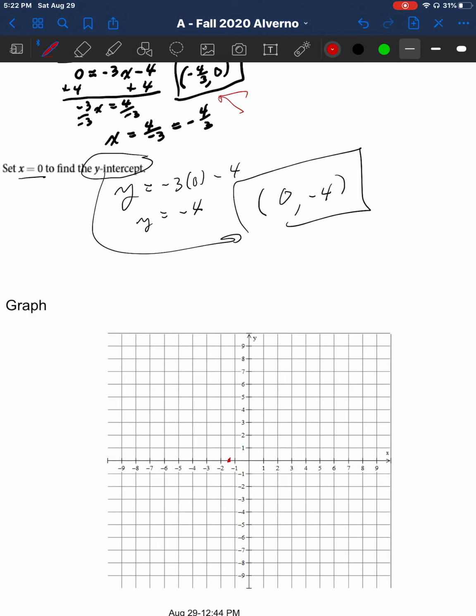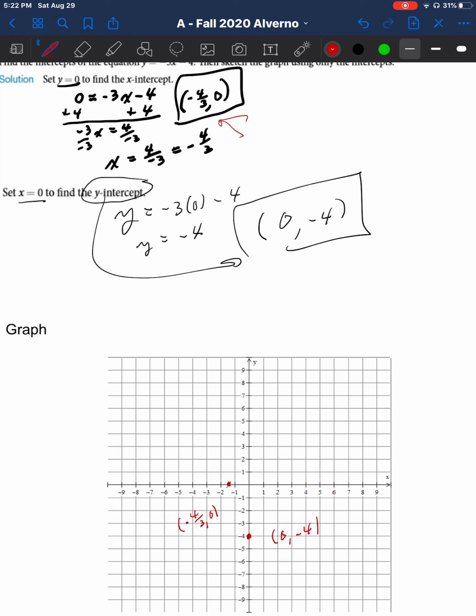We're always going to label everything: minus 4/3, comma 0. That's the x-intercept. The y-intercept is at minus 4, so that's down here, where x is 0 and y is equal to minus 4. So those are the 2 values we have.